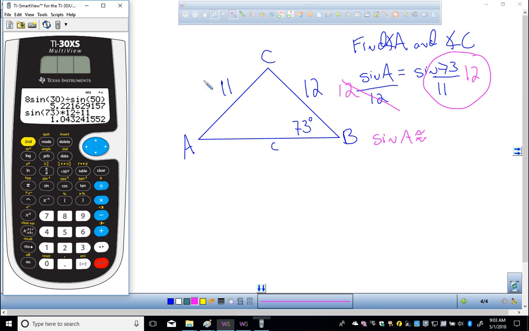That should work. What did I do wrong? Sine of 73 times 12. Let's do that again. Sine of 73, yeah, you've got to do the times 12.